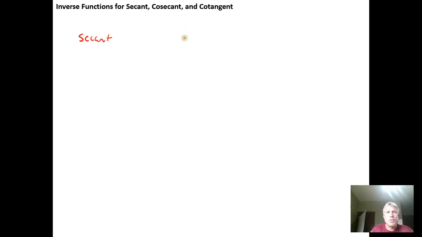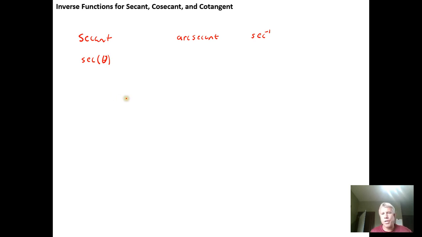So the secant function does have an inverse. It's going to be named the same way that we were naming inverses before. So it's going to have an inverse called the arc secant. Or you can write it as secant inverse, this type of notation. We know that the secant function takes angles as its inputs and outputs the reciprocal of the cosine function.